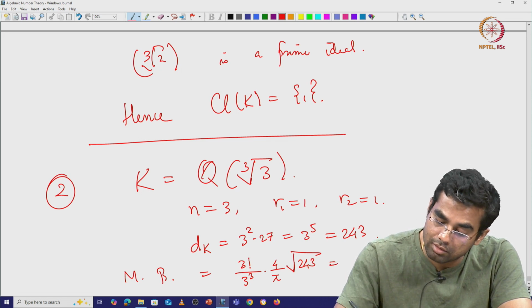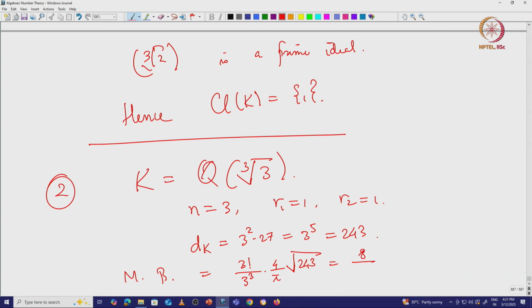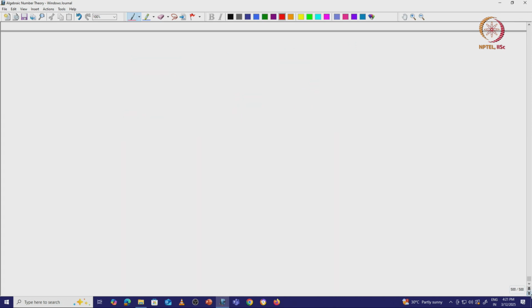Yeah, maybe I can do this. So, 8 by 9 times pi into 9 times the square root of 3, which is 8 times the square root of 3 by pi, again maybe not such a good idea. So, this turns out to be less than about 4.5. So, it is certainly less than 5.